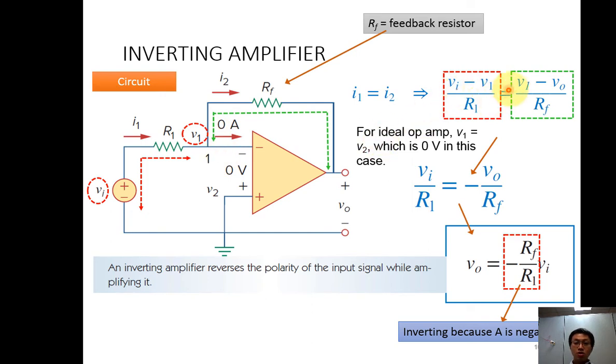So with V1 being 0, I get Vin divided by R1 equals negative V out divided by RF. Then I have my V out equals negative RF divided by R1 times V in. Remember this one. This is the most important. We call it an inverting amplifier because the gain is negative.